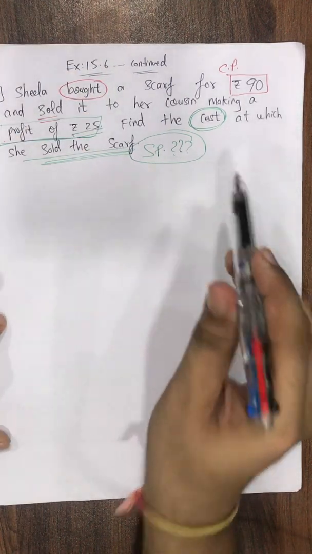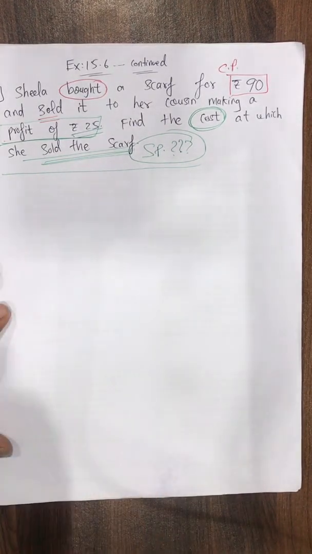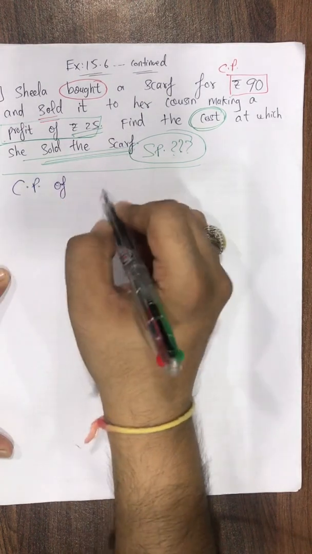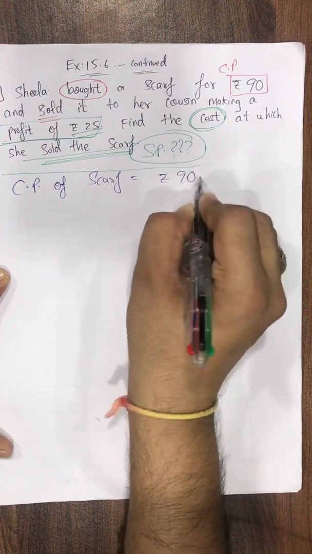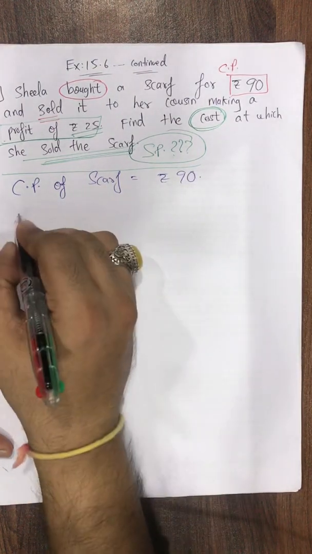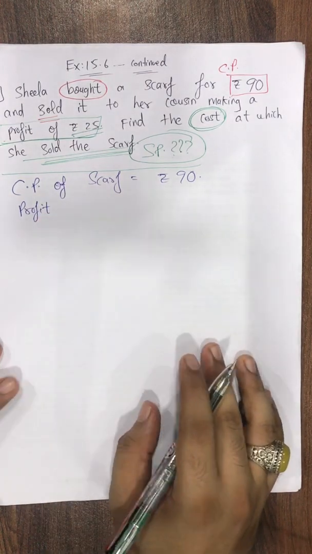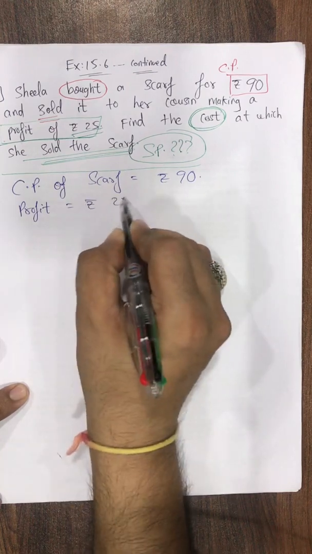So students, let me write the data first. Cost price, CP, of the scarf is equal to rupees 90. This is given to me. Profit gained by her is equal to rupees 25.